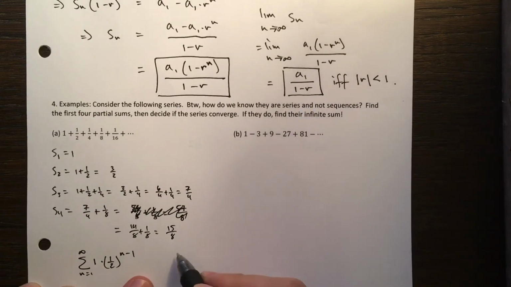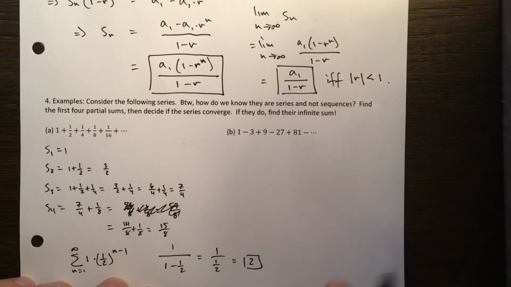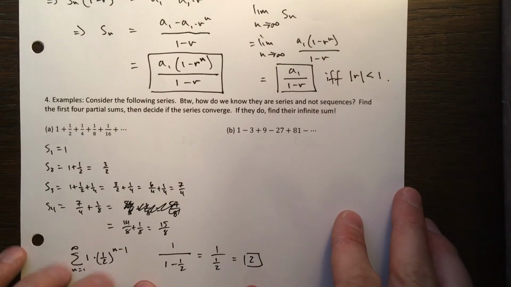So a sub 1 is 1. It will be converged to 1 over 1 minus 1/2, which is simply 1 over 1/2, which is 2. So this is going to get closer and closer to 2. 15/8 is already pretty close, but when I add 1/16, it will still be less than 2. So here I will let you follow a similar process.